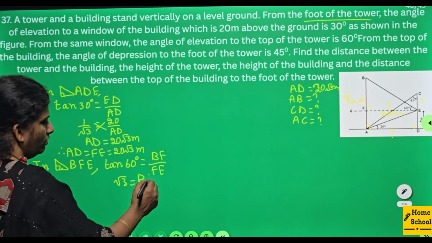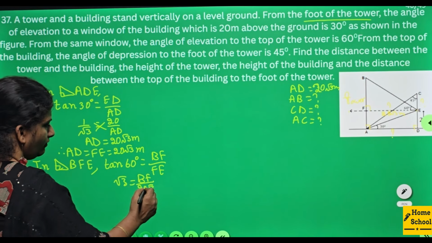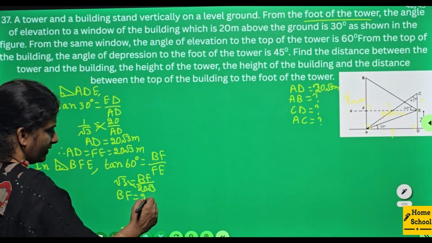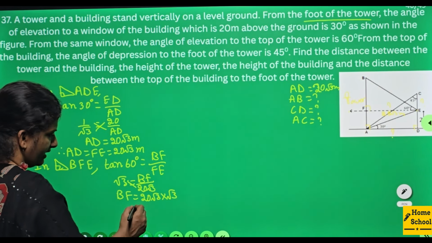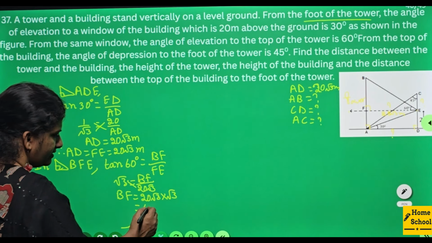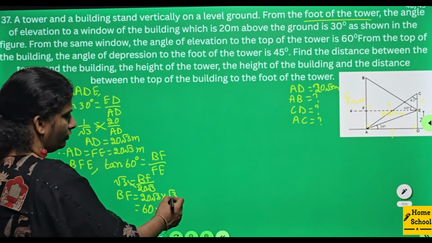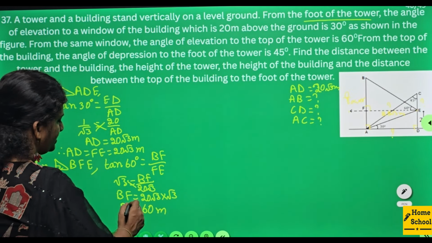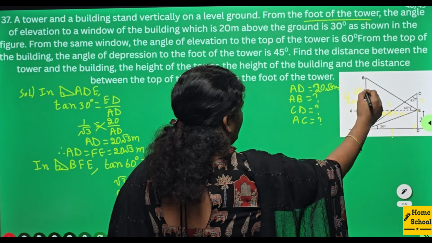BF I don't know. FE is 20 root 3. Cross multiply. BF is equal to 20 root 3 into root 3. Root 3 into root 3 is 3. 20 into 3 is 60 meters. This is BF. BF is 60 meters.